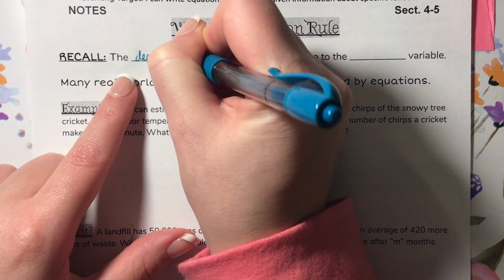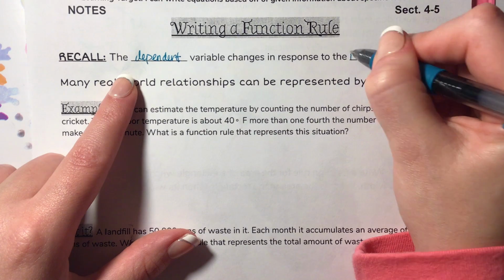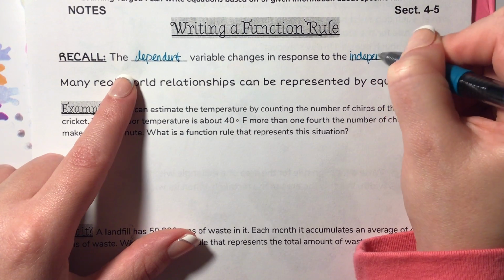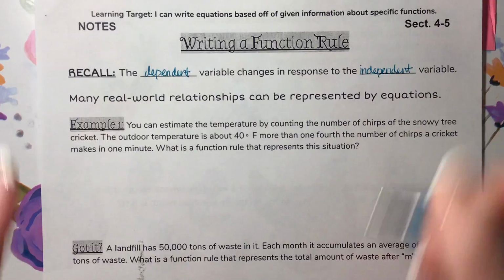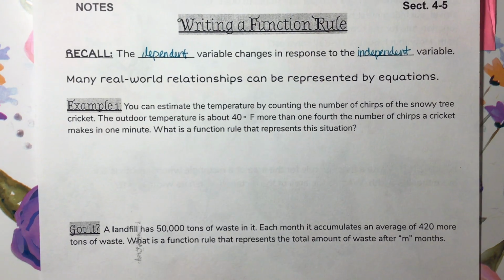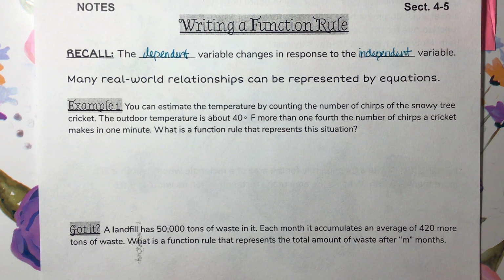dependent variable changes in response to the independent variable. Meaning the dependent variable depends, just like a child depends on their parent, the dependent variable depends on what the independent variable's value is.